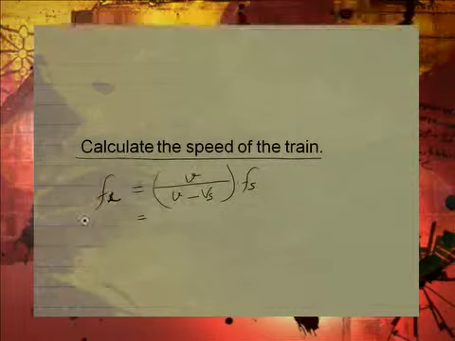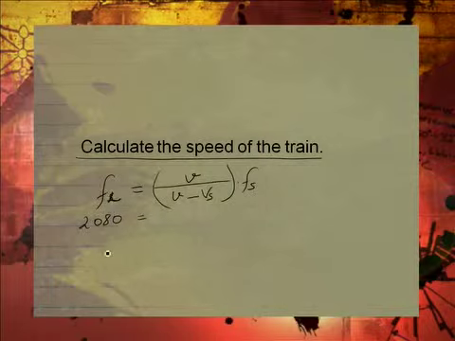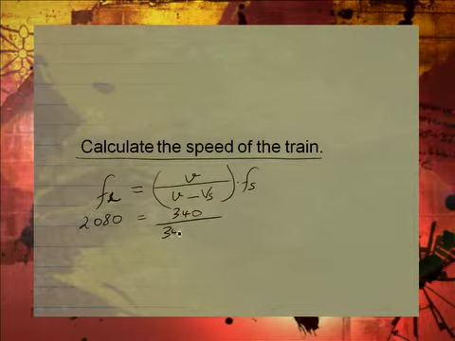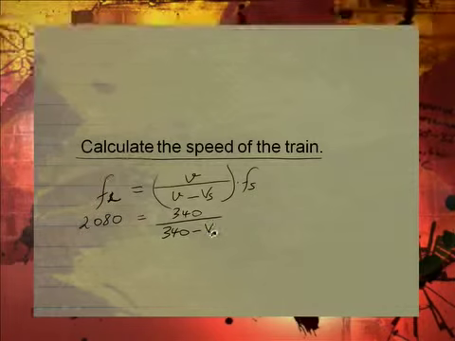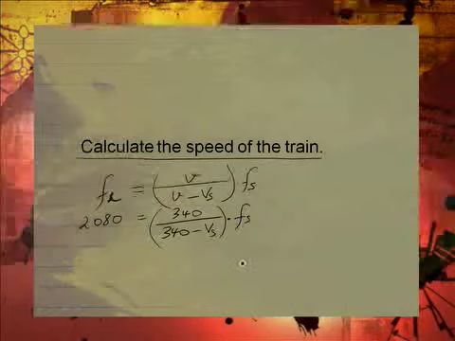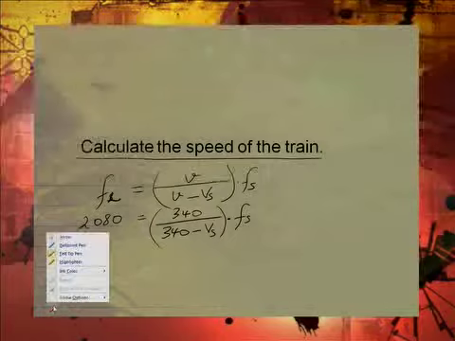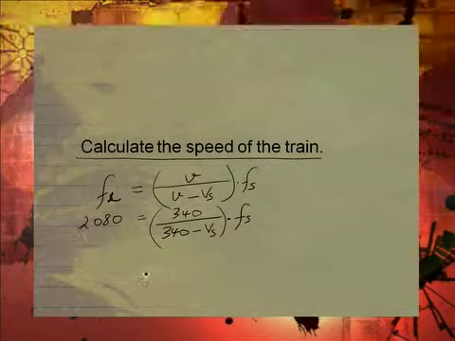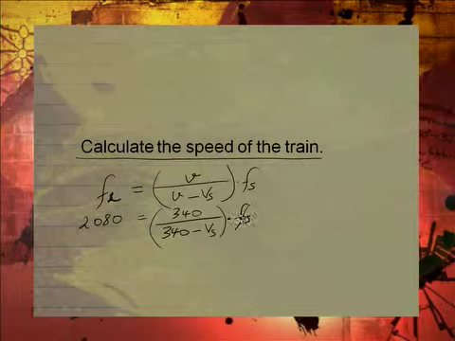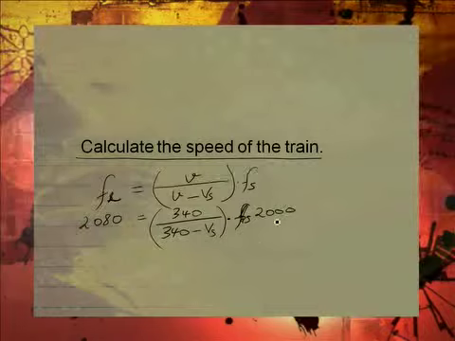The perceived frequency is 2080, equals 340 divided by 340, that's v, minus the velocity of the source, which is the train, and that's what I'm asked to find out. The frequency of the source, I substitute it. I know what it is, it is 2000 hertz. And from this, I can find out what my vs is.